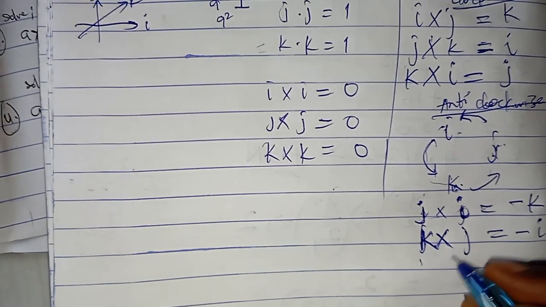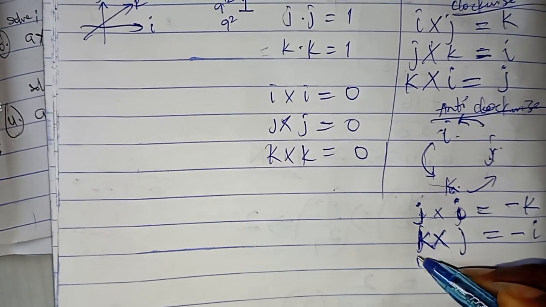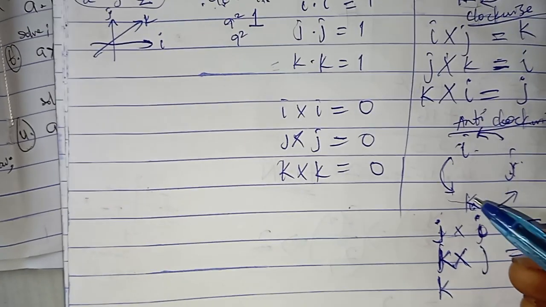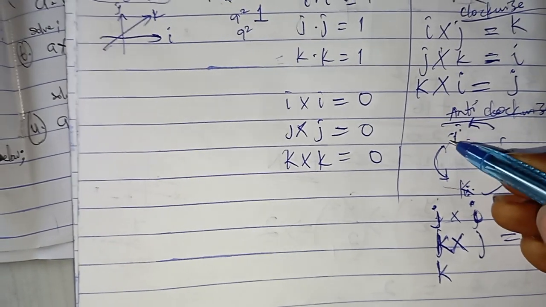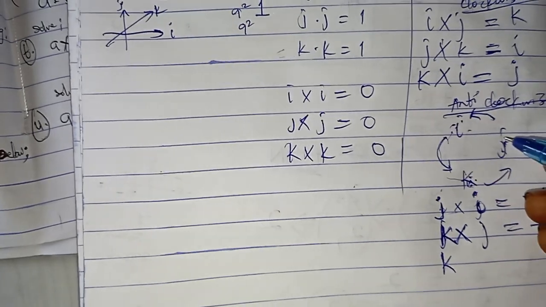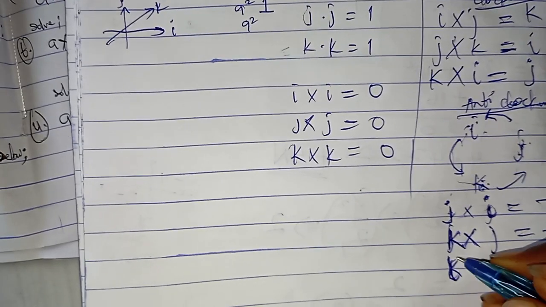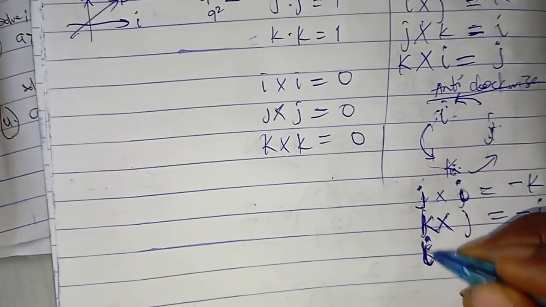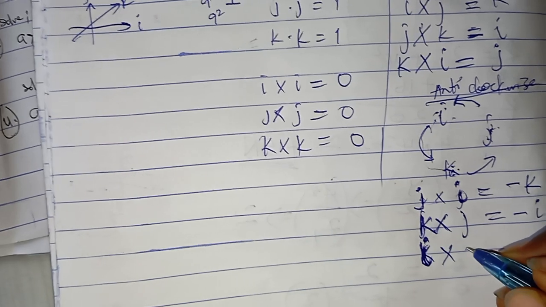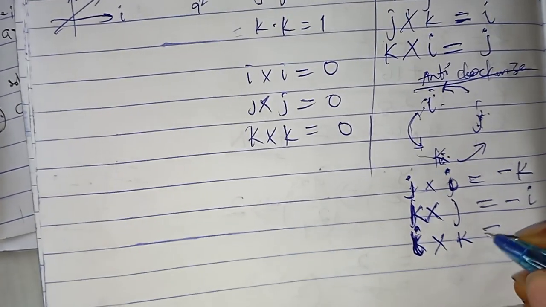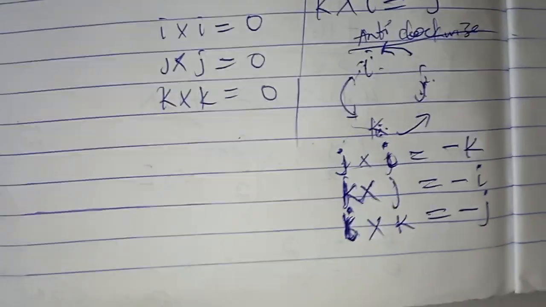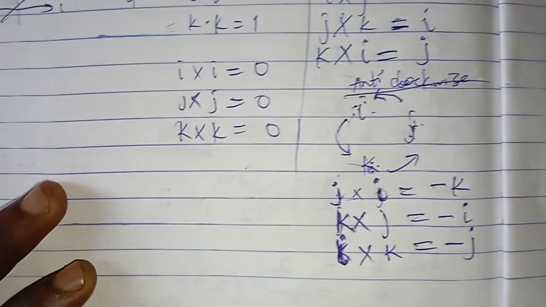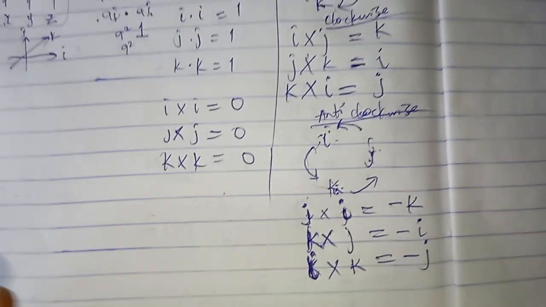See it, k cross j gives me negative i. Then i cross k gives me negative j. Very important to note the clockwise direction and anti-clockwise direction.